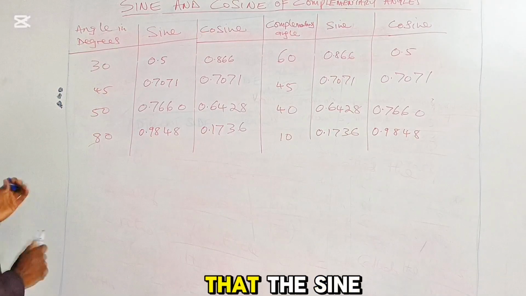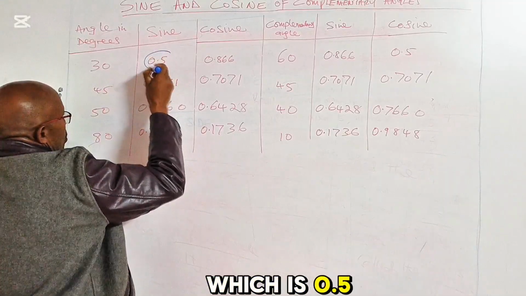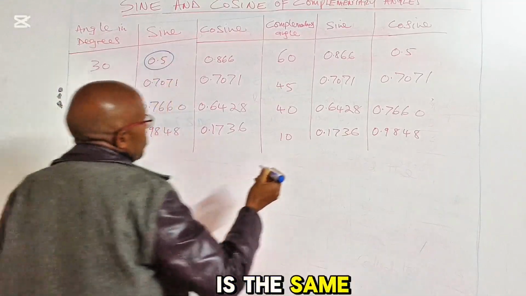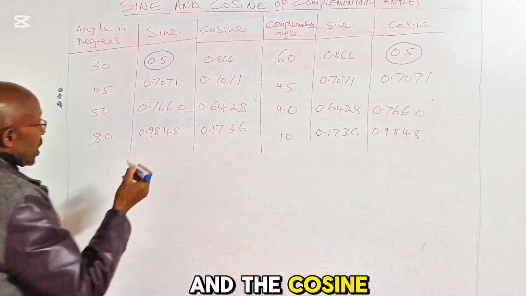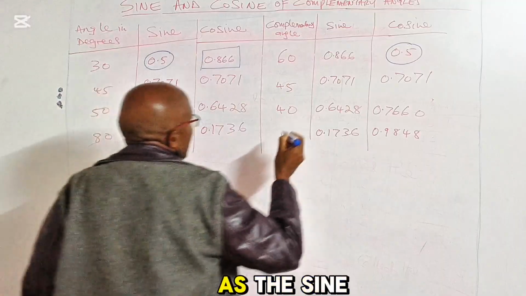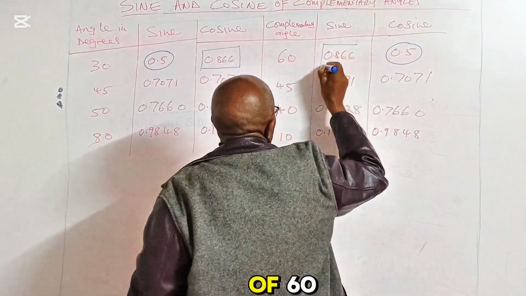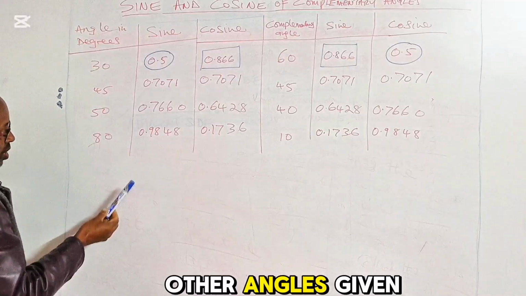You can see that the sine of 30, which is 0.5, is the same as the cosine of 60. And the cosine of 30 is the same as the sine of 60. It will follow with all the other angles given here.